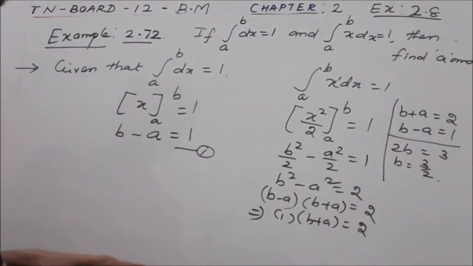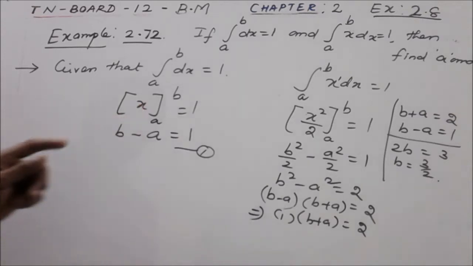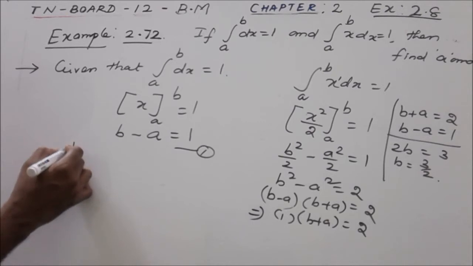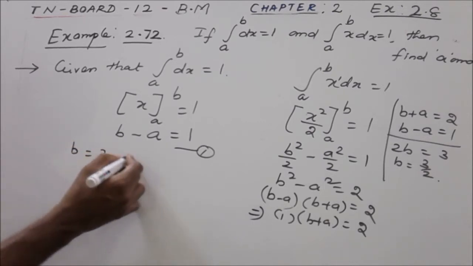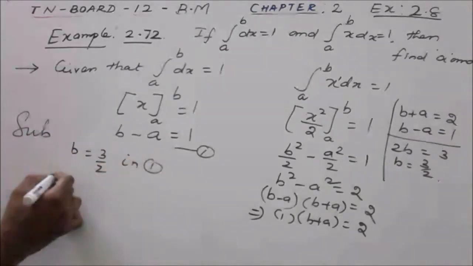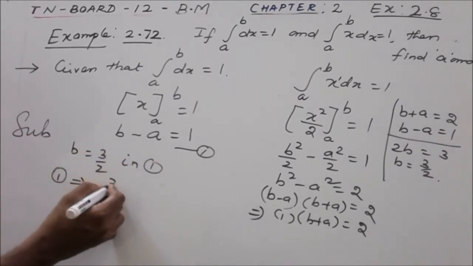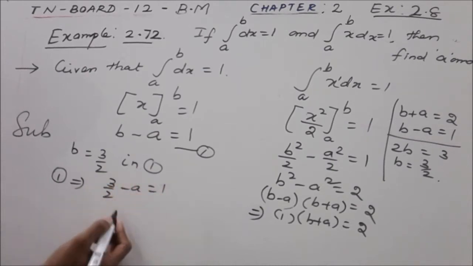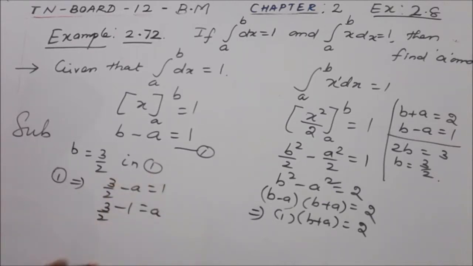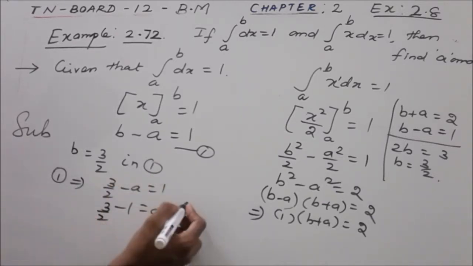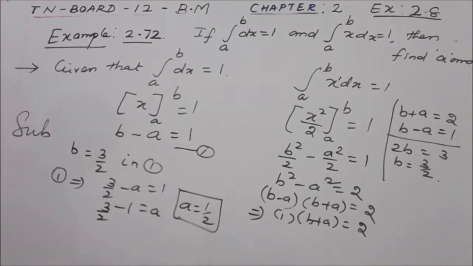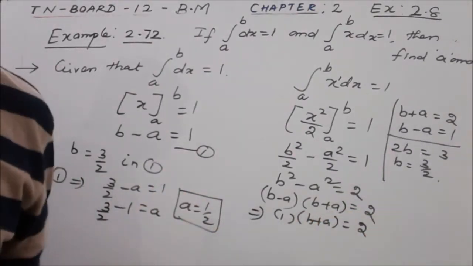Substituting b equal to 3 by 2 in equation 1, 3 by 2 minus a equal to 1, 3 by 2 minus 1 equal to a, which is 1 by 2. Therefore a equal to 1 by 2. Therefore the values of a and b are 1 by 2 and 3 by 2.